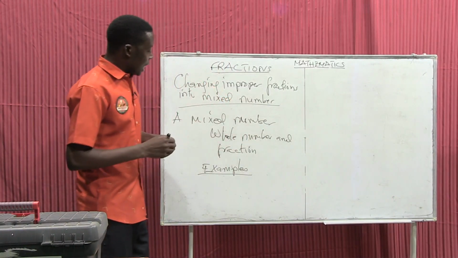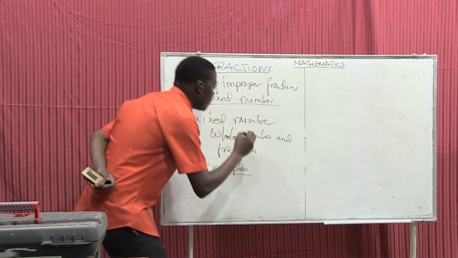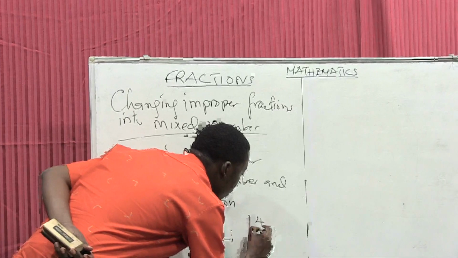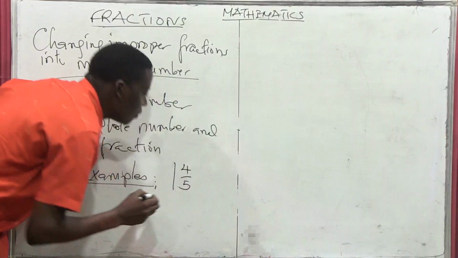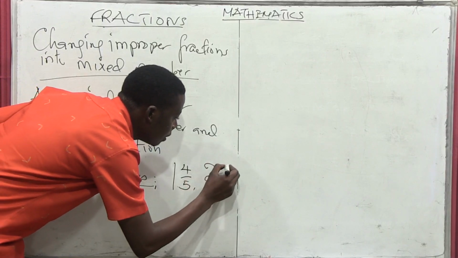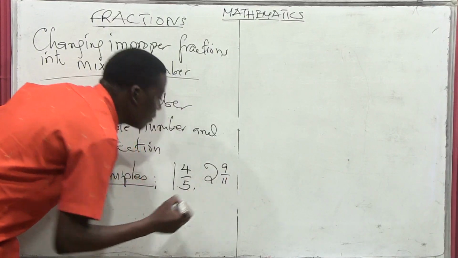Example of mixed number is 1 4/5, 2 1/11.